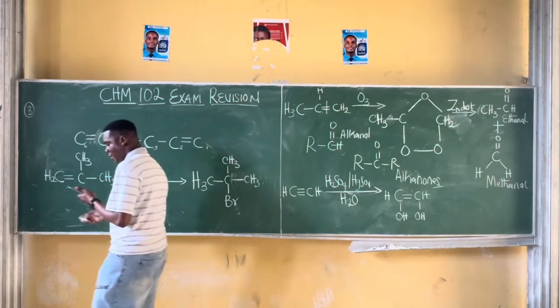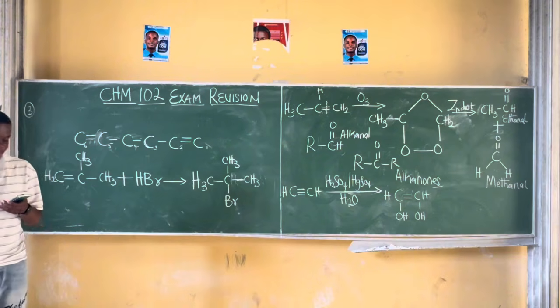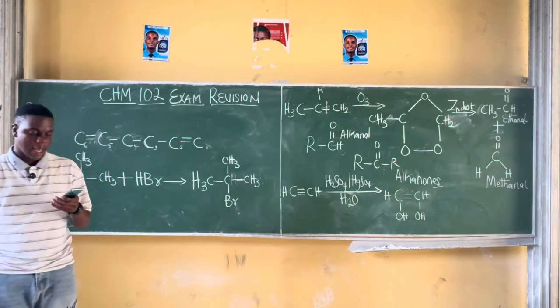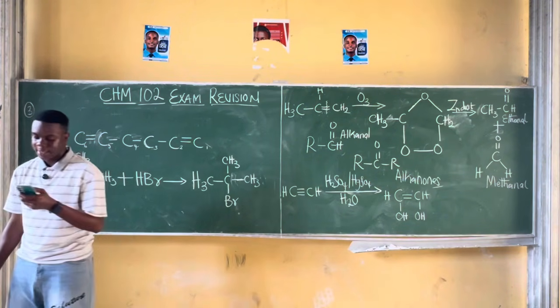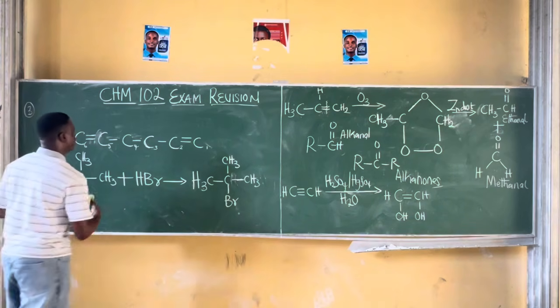So the next question says, complete the following equation of reaction. They give us an equation of reaction and they say we should complete it. So let me write the first reaction here.